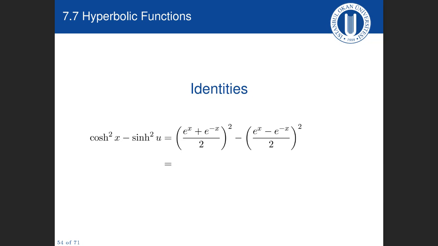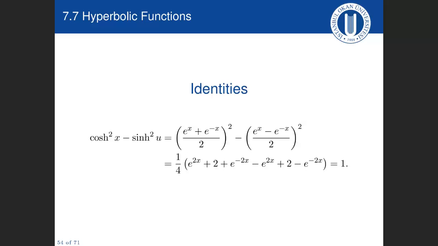There's various identities for hyperbolic functions. For example, if we calculate cosh squared x minus sinh squared x, that should be, there's a mistake there. Just using the definitions, cosh x is e to the power x plus e to the power minus x over 2, and sinh x is e to the power x minus e to the power minus x over 2.